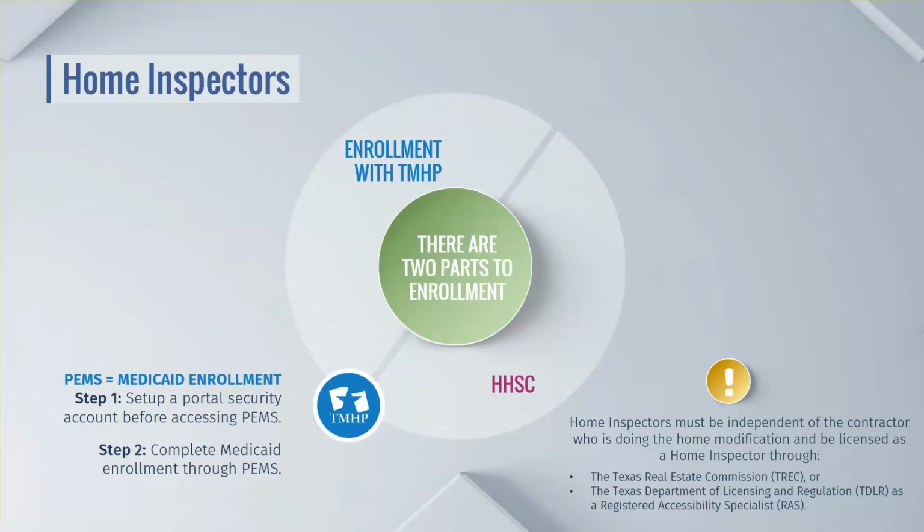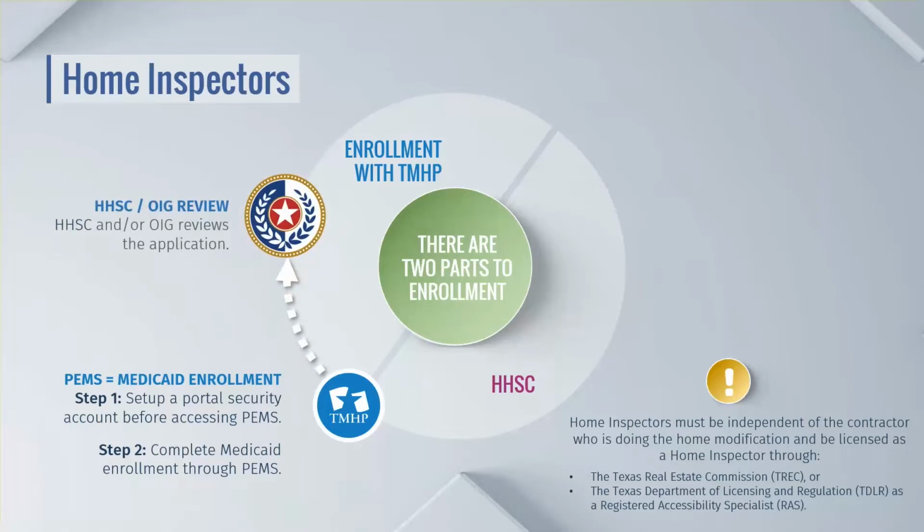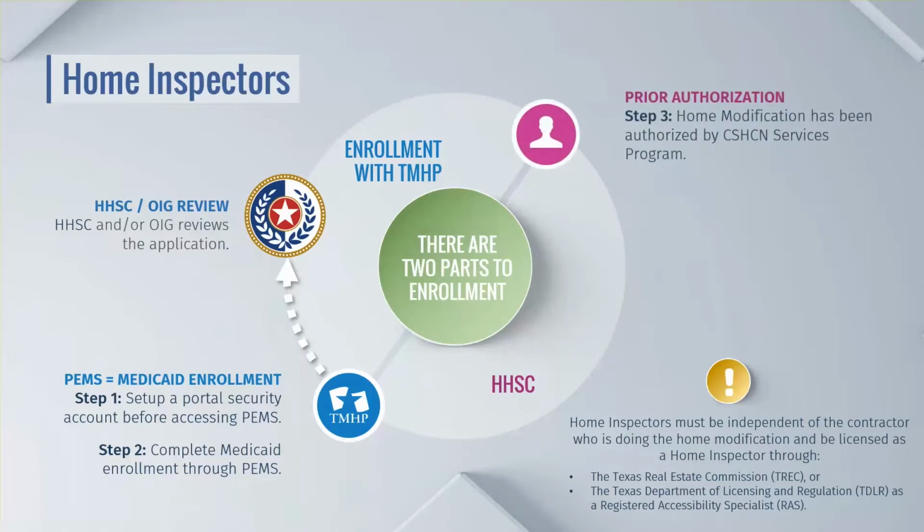Step 2. Complete your Medicaid enrollment through PEMS. Once you've submitted your application, HHSC and/or OIG will review it. Step 3. All family support services must have prior authorization by the CSHCN Services Program.